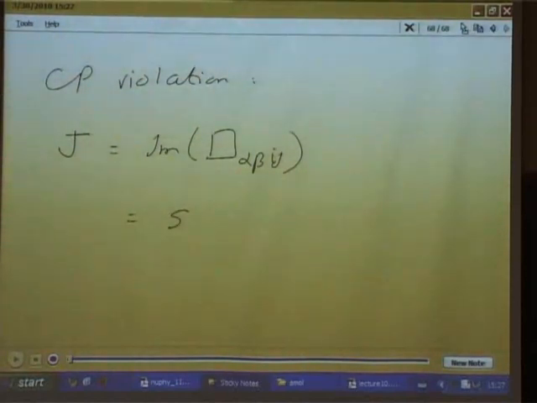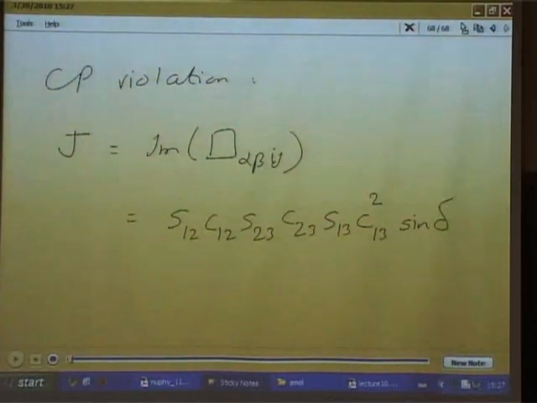This was simply sine theta 1 2, cos theta 1 2, sine theta 2 3, cos theta 2 3, sine theta 1 3, cos squared theta 1 3, and sine delta.